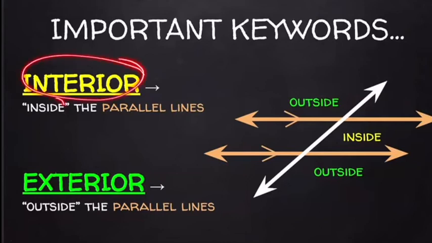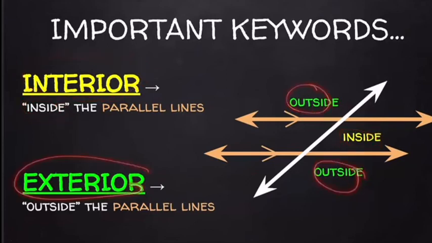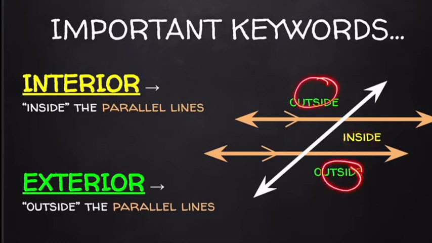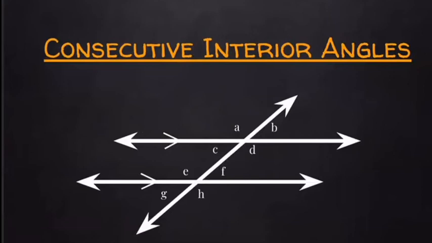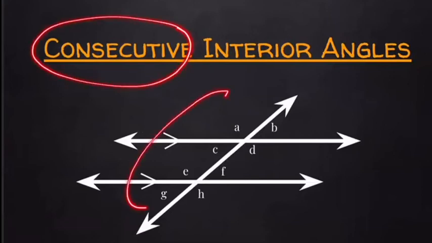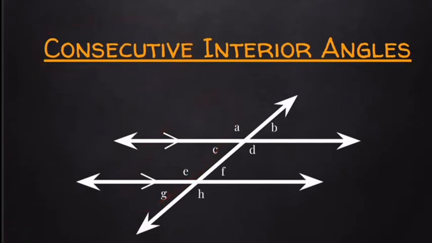So interior meaning inside the parallel lines and exterior outside the parallel line. 再一次提醒大家 interior 还有 exterior 的意思。interior 就是 parallel lines 之間，然後 exterior 就是 parallel lines 的外面。再一次提醒大家 interior 喺 parallel lines 嘅中間，咁 exterior 喺 parallel lines 嘅旁邊或者出邊。The next one would be consecutive, meaning on the same side, either on the left or on the right. Interior, meaning inside the parallel lines.